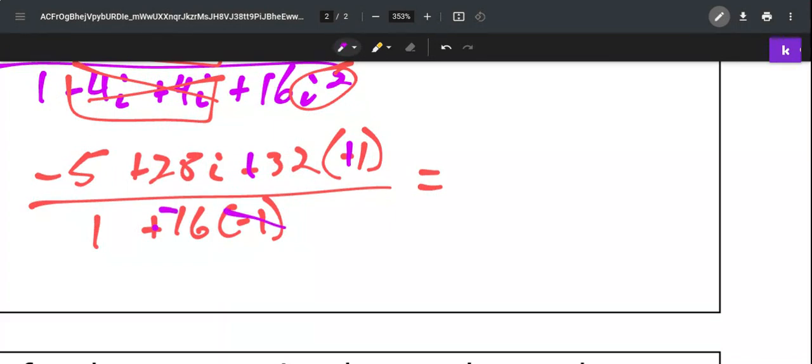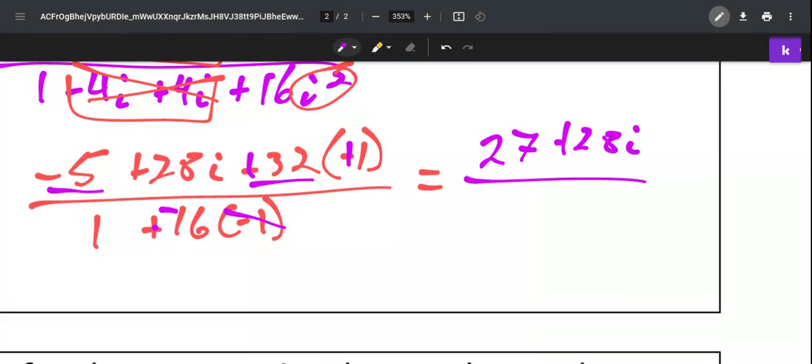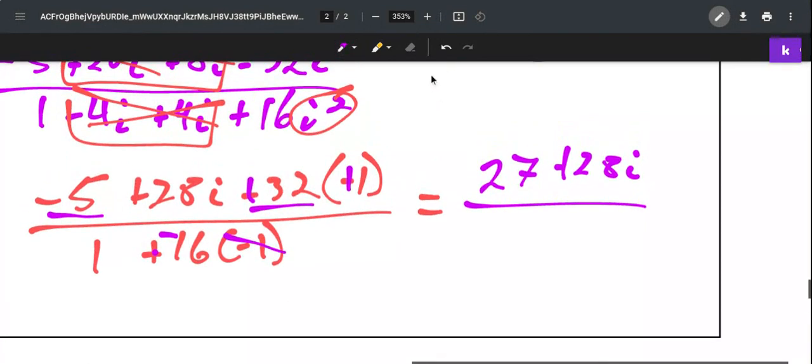All right. So then we've got negative 5 plus 32. So it's going to give me 27. We have plus 28i over. Then this would give us, what, 17? No. What am I doing wrong? Oh, this should have been minus 16. Hang on.